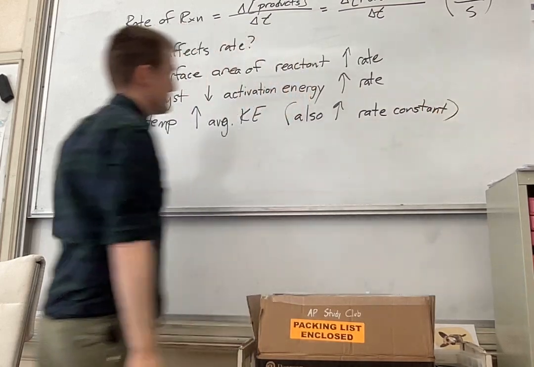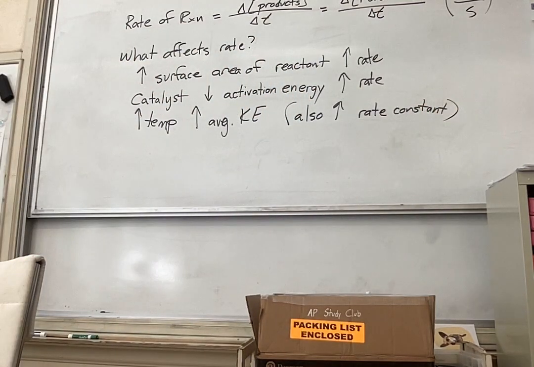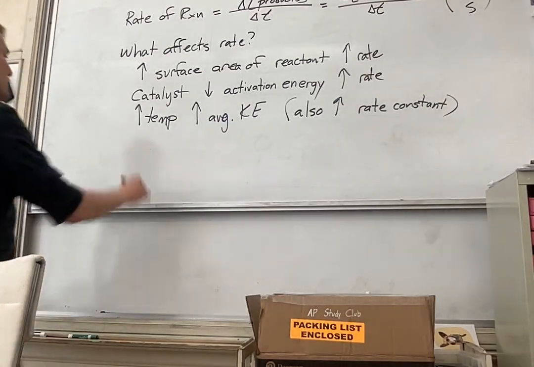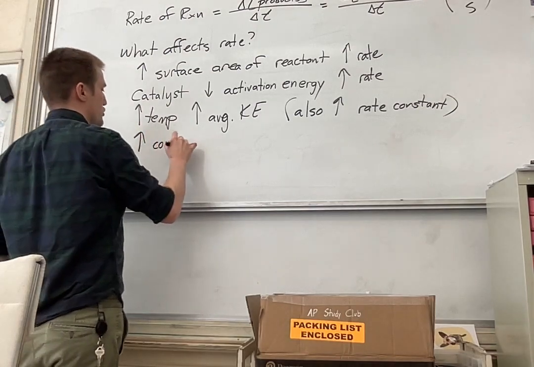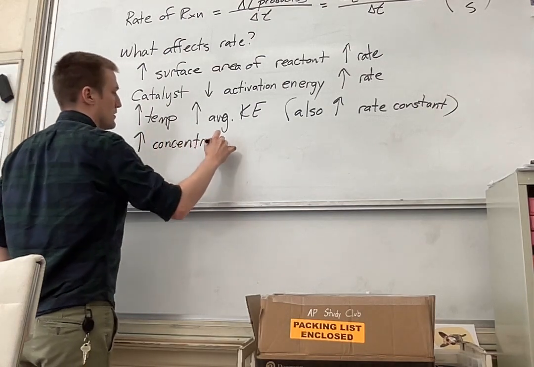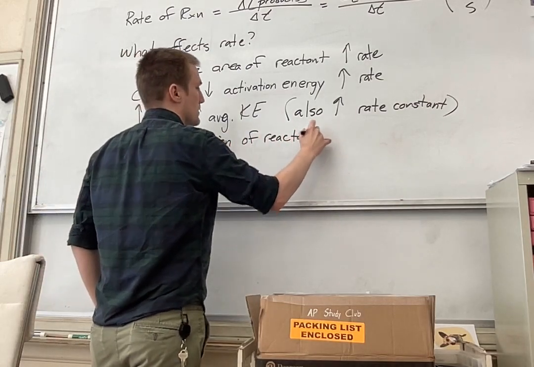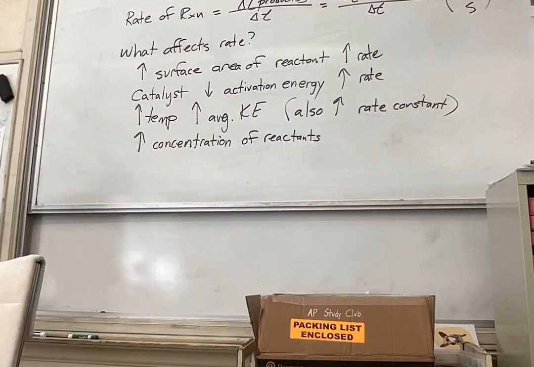The rate constant actually depends on the temperature, not anything else. Also, more concentration of reactants, because there are just more particles in the same space, so they're more likely to collide.